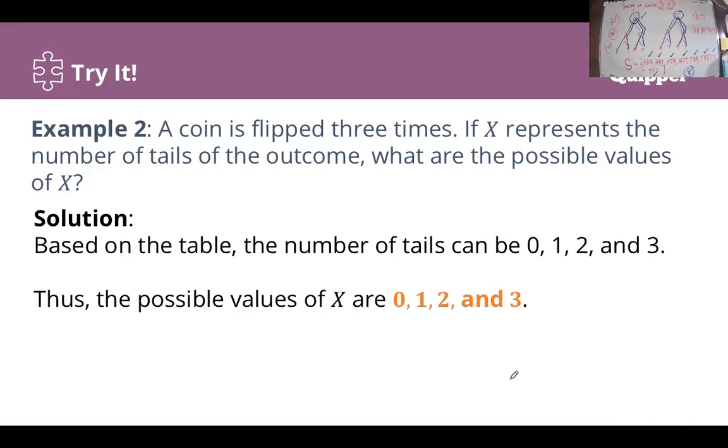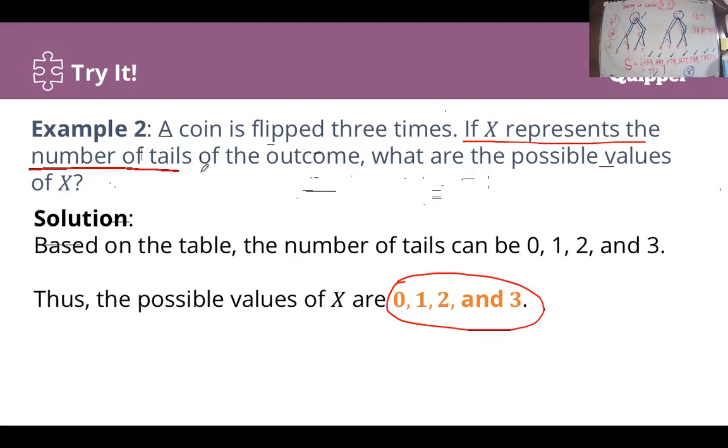Thus, the possible values of x are 0, 1, 2, and 3. Take note, if we have a specific question just like this, we need to do this like this.